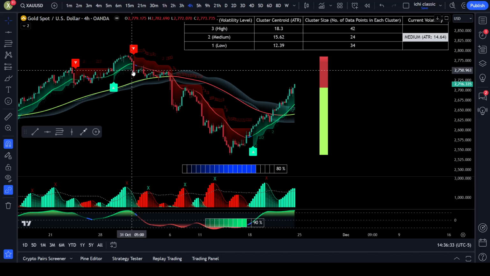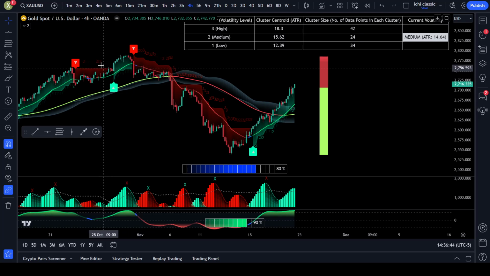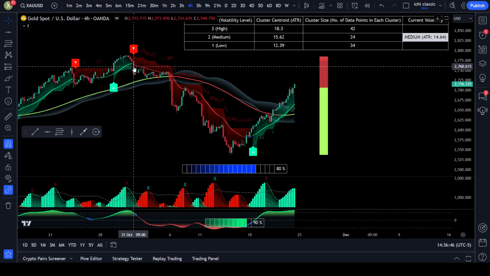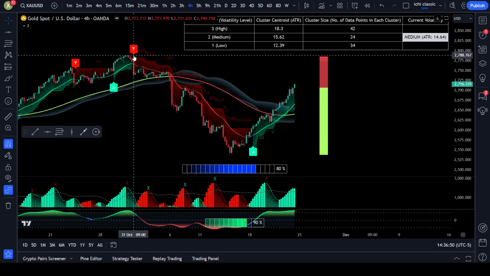So when was the sell valid? Obviously this one here says it is valid, but the tool shows number 2, and here we still see 2, which is the medium volatility. I'm looking for 3, so it would be this level here.